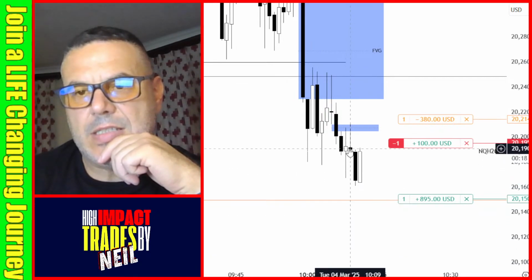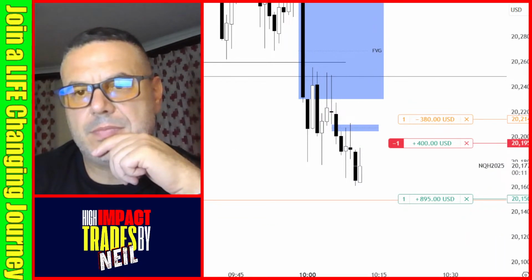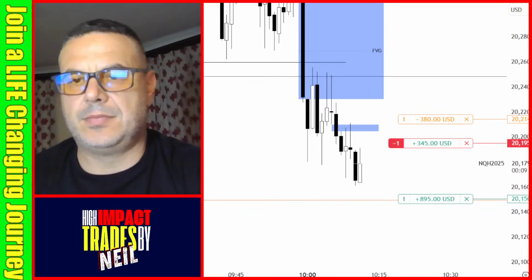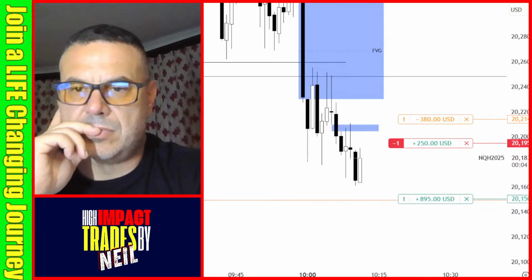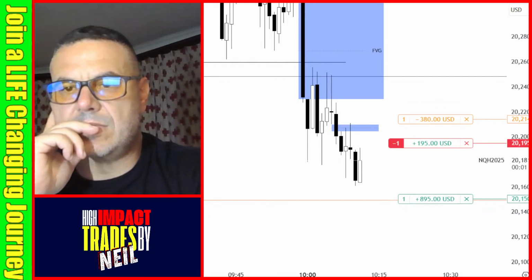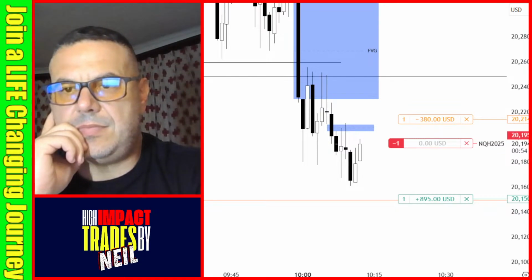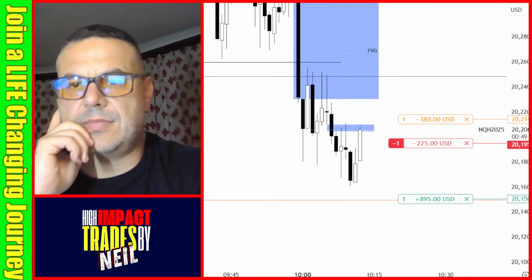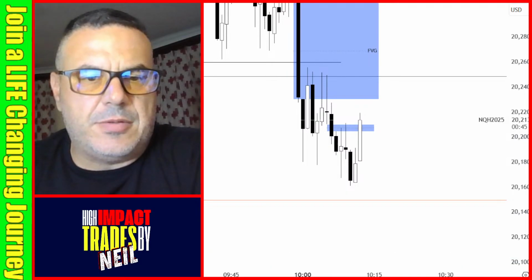Alright, so this black candle, that wick, you see this white candle come up, test this wick. Hopefully that's a wick test to go lower. Oh, there we go, out of that trade as well.